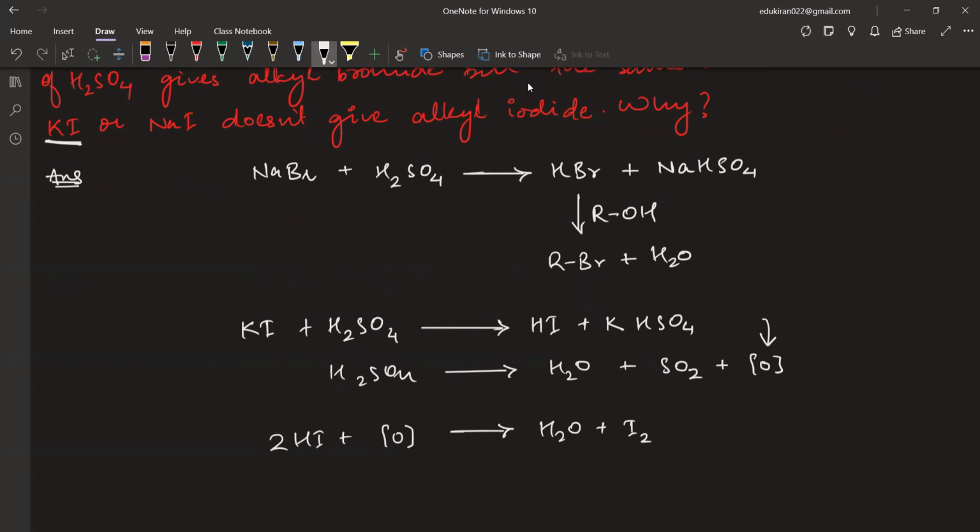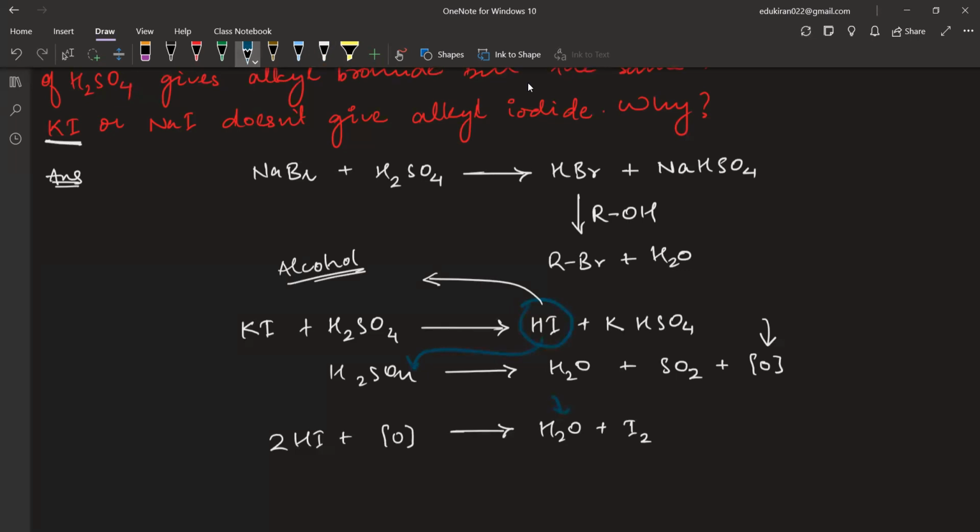Now, the main problem is this HI. Please listen to the main problem. This HI should be reacting with alcohol. Rather, it is reacting with H2SO4 in order to produce H2O and I2. So what is our problem?